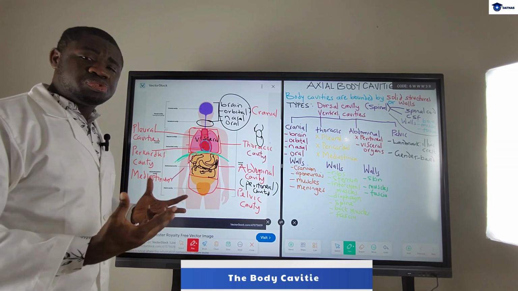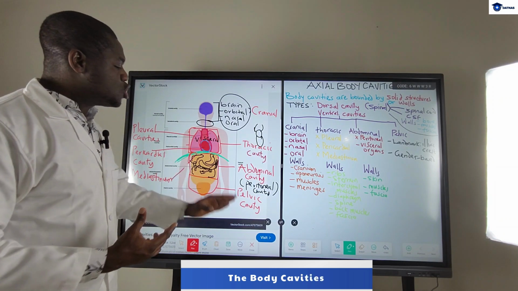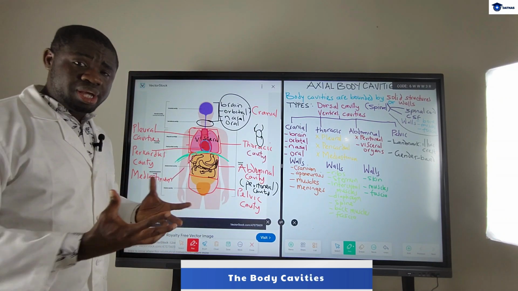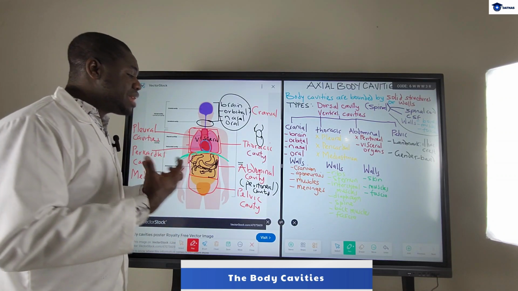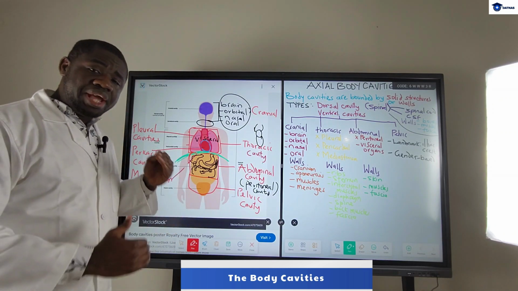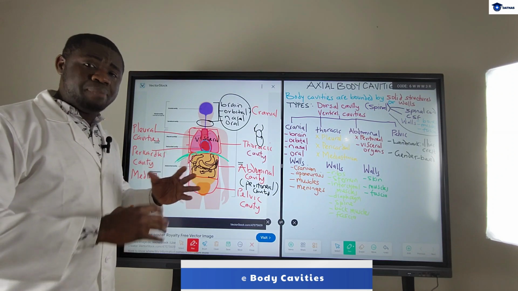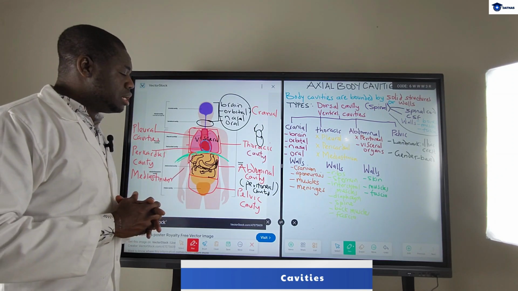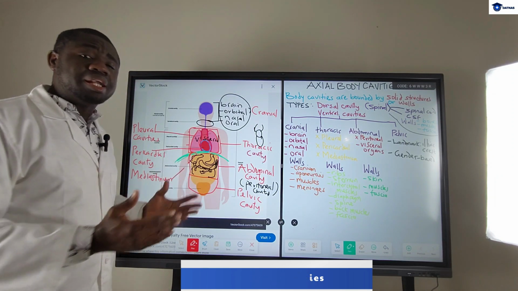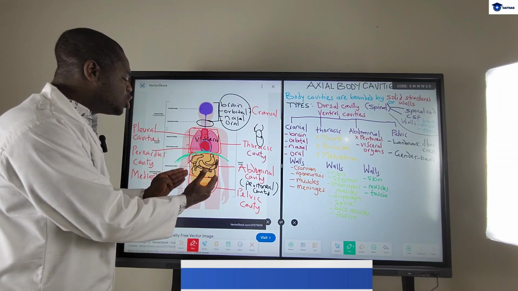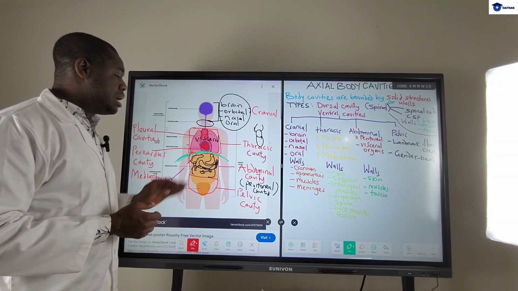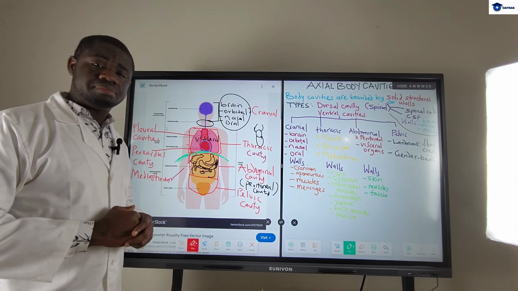In many textbooks, these two cavities are joined together. They are described as one, while some textbooks describe them individually. But anatomically, pelvic cavity is a downward continuation of the abdominal cavity.